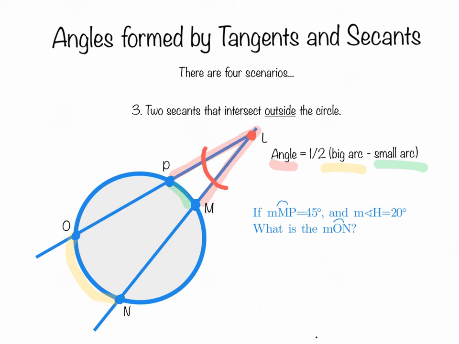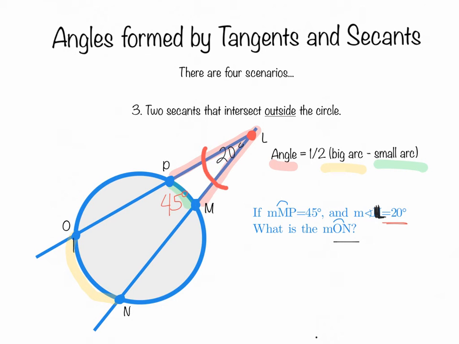Okay, so if arc MP is 45 degrees, and angle L is 20 degrees, I'll put a 20 right here, what is the measure of arc ON?